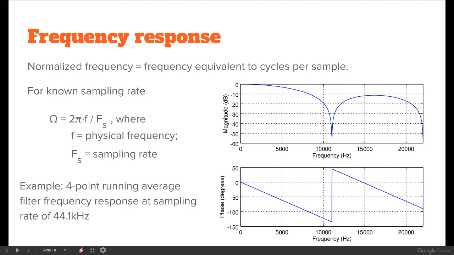Which actually, let's see. What kind of filter would you say this 4-point running average filter is? It's a low pass filter, right? So lower frequencies are passed through the system and higher frequencies have some attenuation. But what do you say about this attenuation? It's about 12 dB attenuation on the stop band.